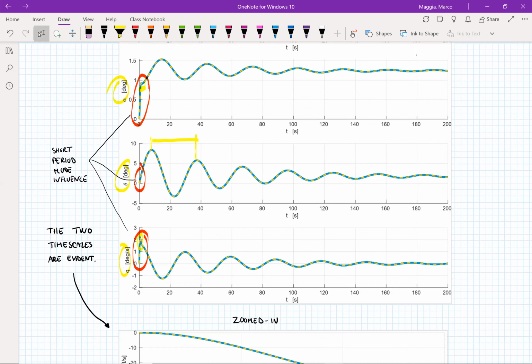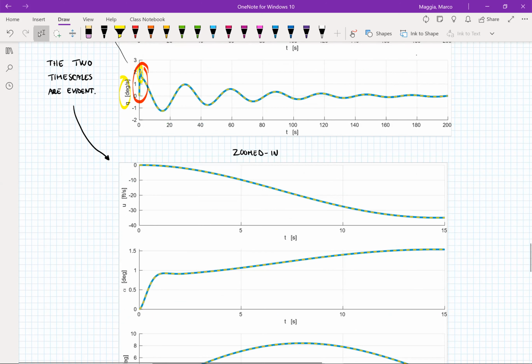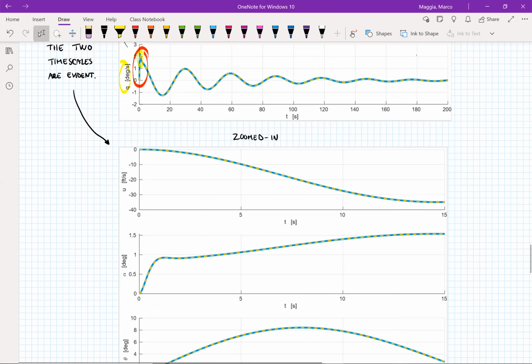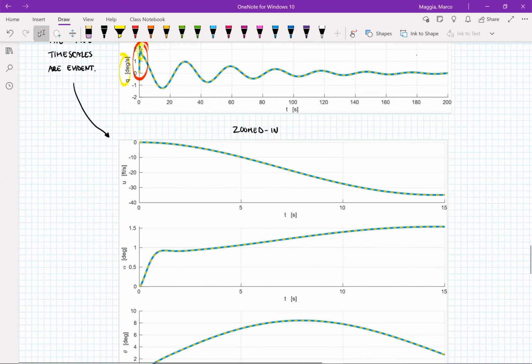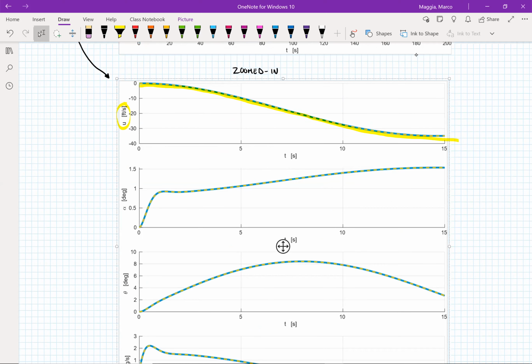All right, so I forgot that I actually zoomed in the first part so we can see things a little bit better. Well, U, the component U, the velocity, is not affected by the short period mode, and in fact, you see here the curve is pretty smooth and doesn't have any particular behavior in the beginning.